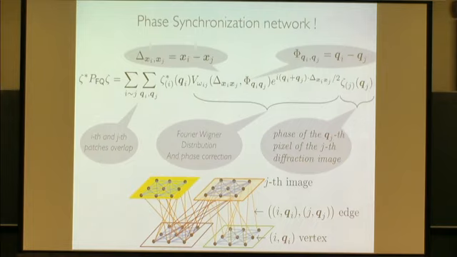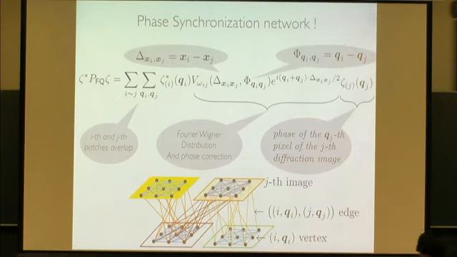So this formula tells us what? It tells us that if zeta is the correct answer, is the right phase, then they will be related pixel by pixel associated with this term. So it hints us to build up the following network from all the diffractive images. There are 4 diffractive images here, and there are 9 pixels in each image. If two images are overlapped, then we have all relationship among all the pixels, and so on.